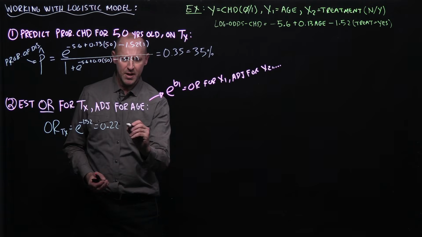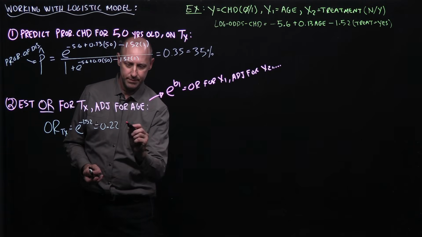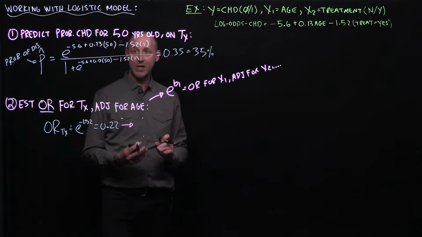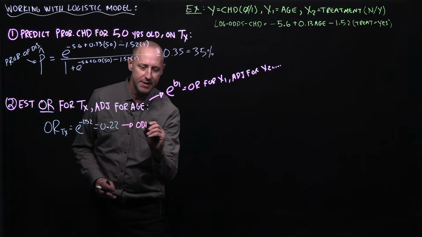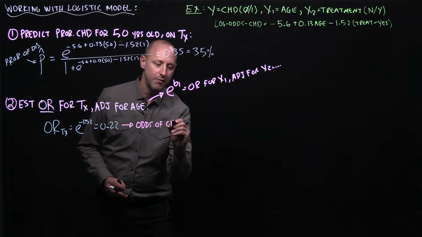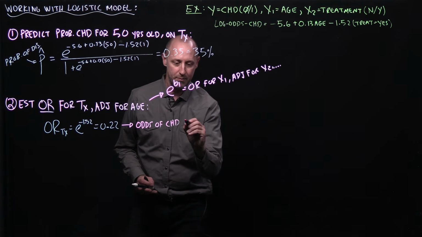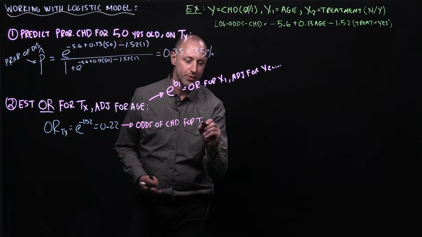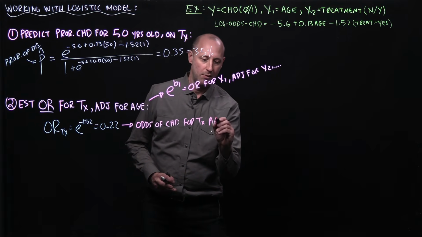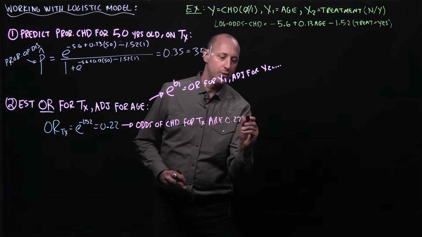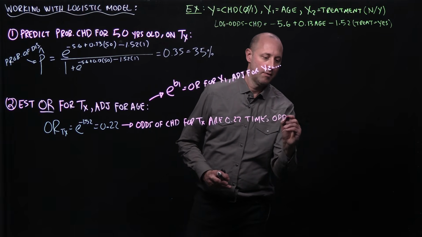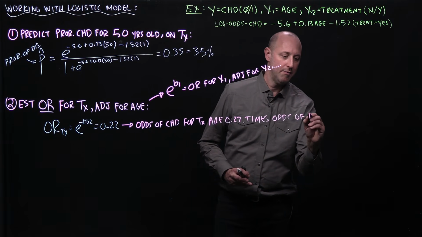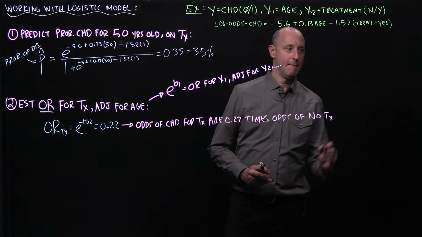Earlier in the course, we've learned about odds ratios, so the interpretation here is no different. So we can state this as the odds of coronary heart disease, or the odds of the outcome, for the treatment group are 0.22 times the odds of the no treatment group.